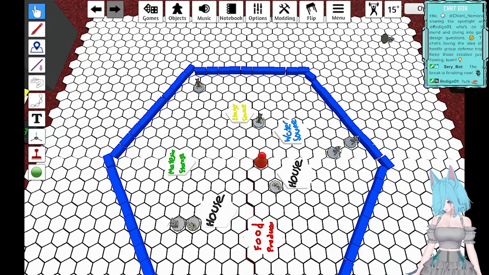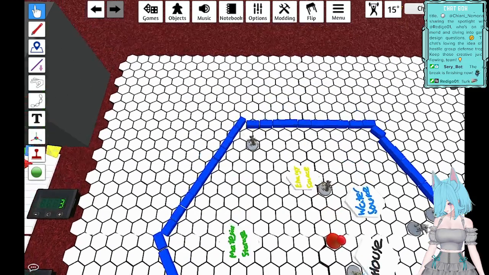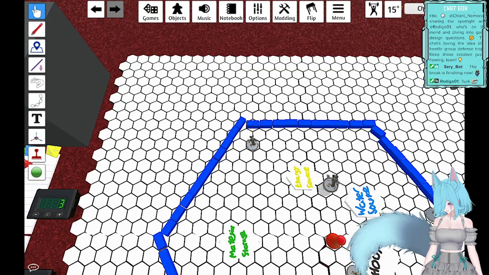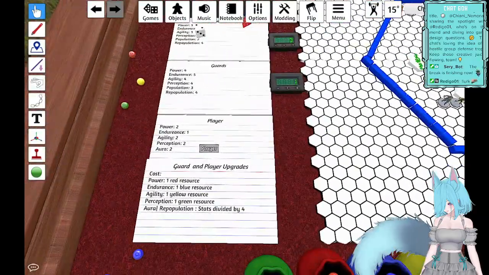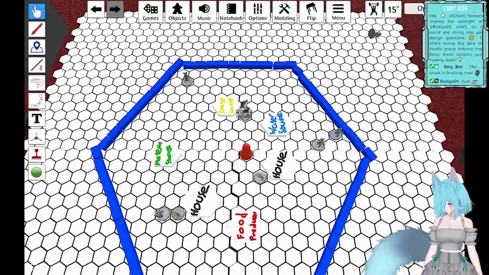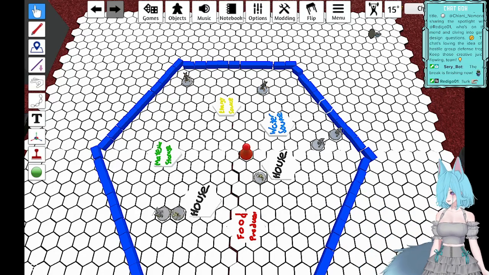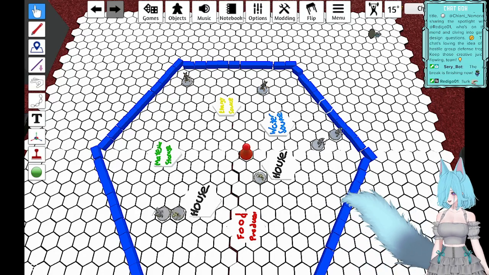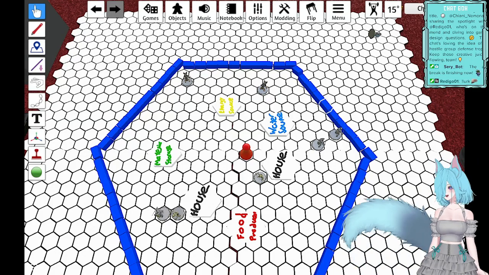And this is the final turn, so... Let's see where the alien here... Wait, isn't this kind of where the aliens started? Did the aliens just walk back where they started, basically?